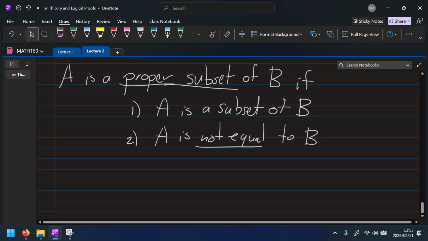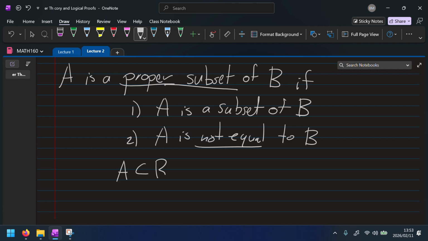Okay, and the notation is A proper subset of B. Notice that little line underneath is missing. So the way to think about it is, for example, 1 is less than or equal to 1. It's less than or equal to. Can be equal, right? But 1 is strictly less than 2.